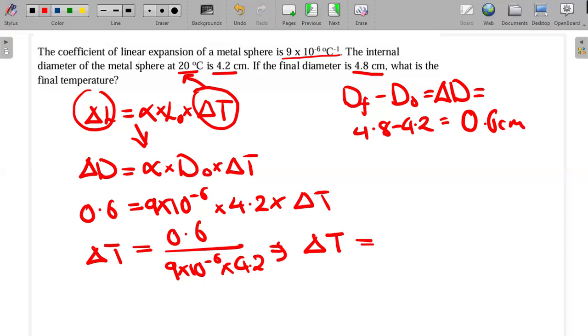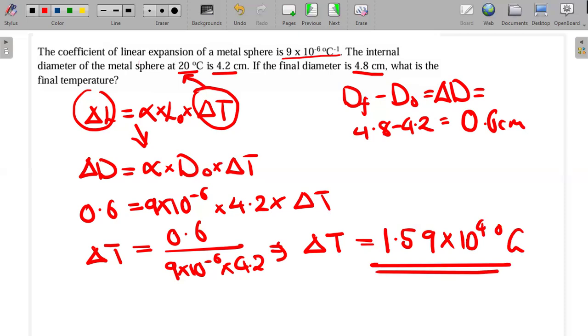Okay, so this is giving me 1.59 times 10 to the power 4 degrees Celsius. So this is the change in temperature. This is a very huge number.